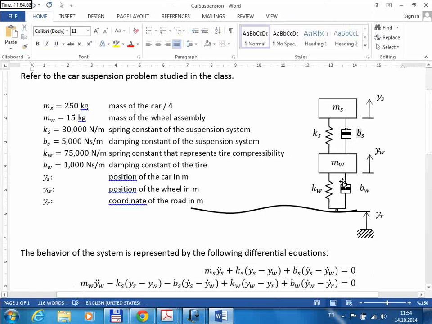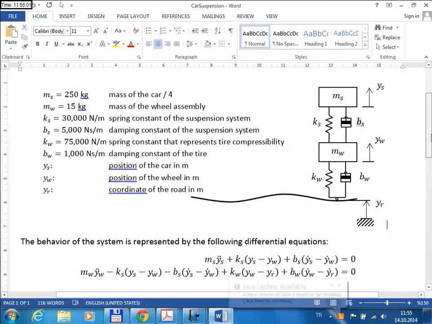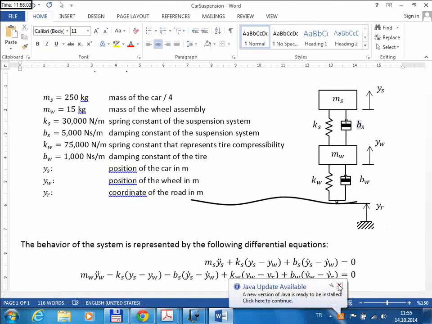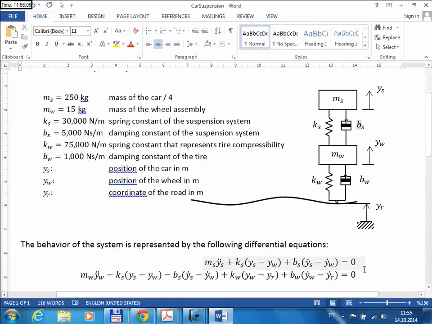So let me talk about these equations a little bit. Okay, so first of all, what do you think is the input to this system? In other words, what will make the system move?